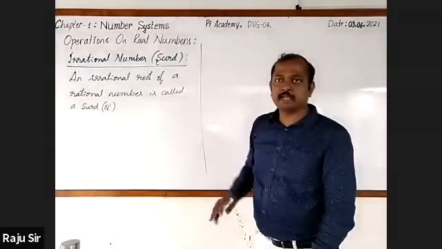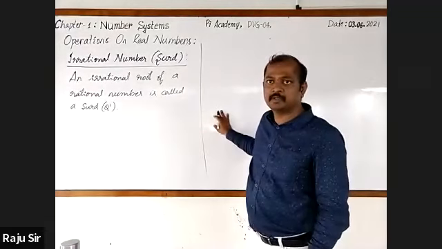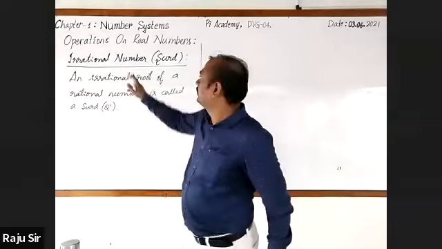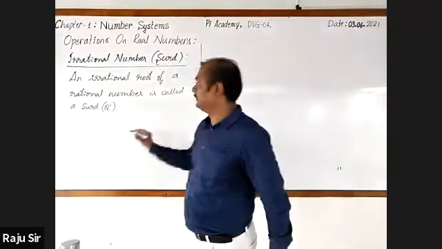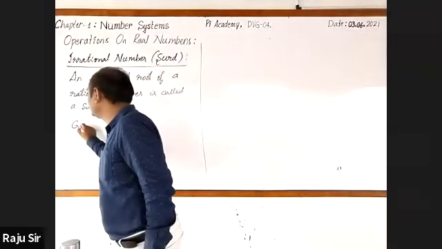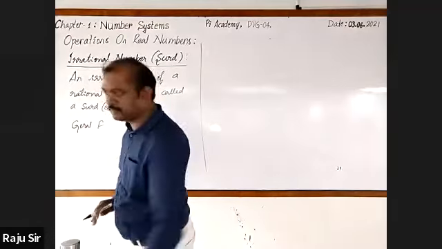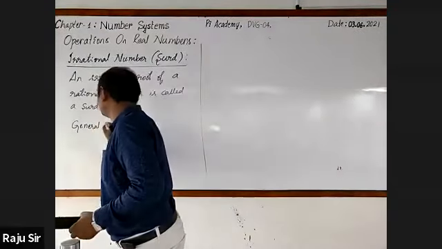I've already given you the examples, and before going to give further examples, let us write the general form of this irrational number, nothing but surd. General form.